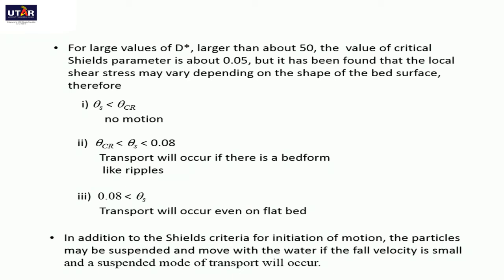If it is between theta CR and 0.08, there will be transport if there is a bed form like ripples, which will be explained later. If theta s is even larger than 0.08, transport will occur even on a flat bed.